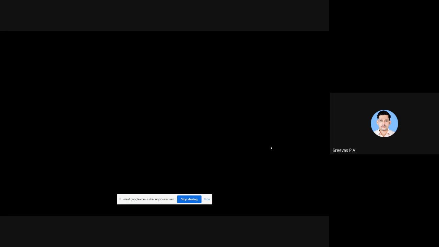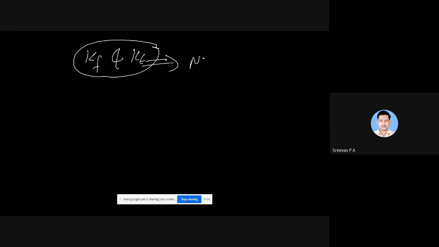For connecting Kf and Kt, one equation is also there. These two terms are connected by a term called notch sensitivity, q.